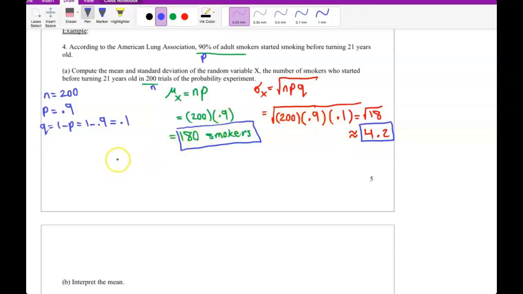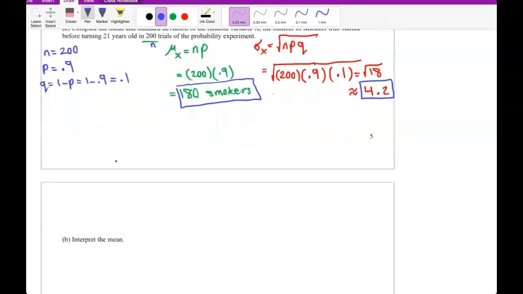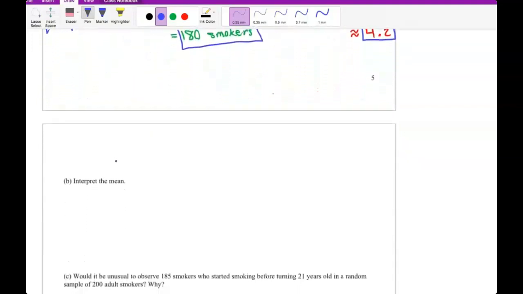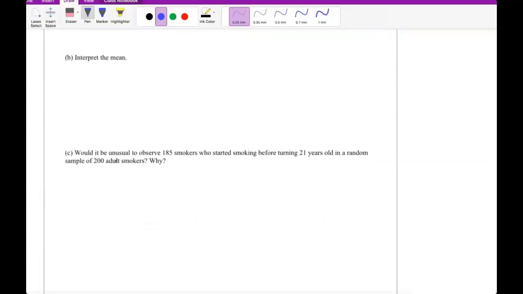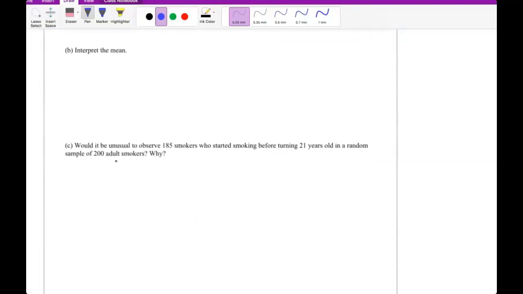Okay, then part B. Interpret the mean. So for the mean, we got 180 smokers.